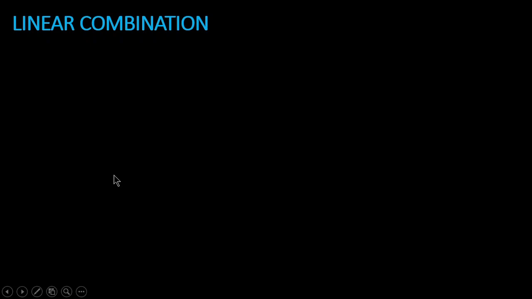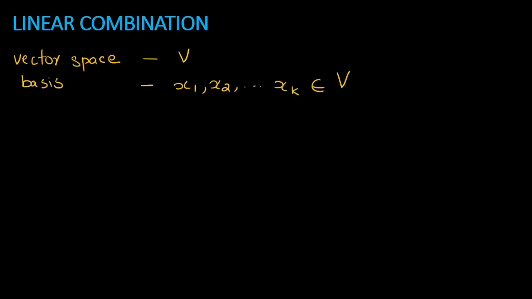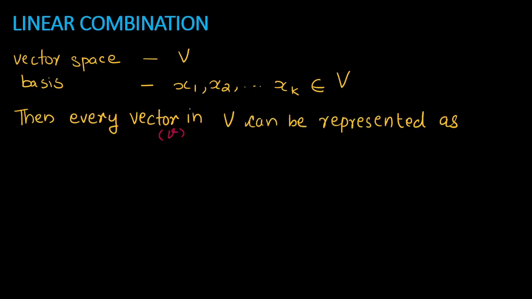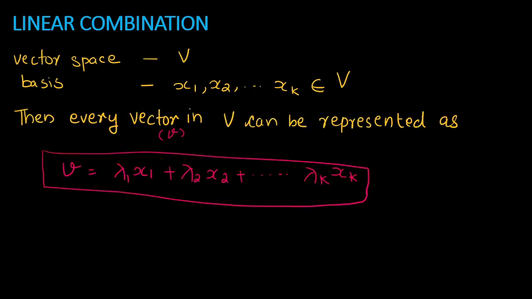Coming to the term linear combination, consider the vector space V and the basis vectors x1, x2, etc. up to xk belonging to V itself. Then every vector in V can be represented as a linear combination like this: lambda 1 x1 plus lambda 2 x2 plus etc. lambda k xk.